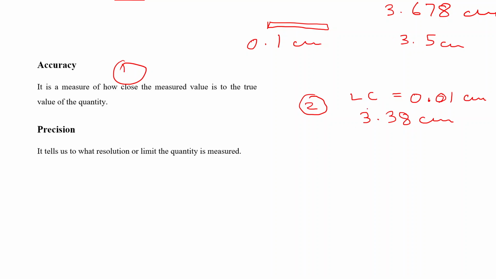I use another instrument to measure the length of the same rod, but here the least count of this instrument is 0.01 centimeter, and when I measure, it gives me 3.38 centimeter. So I see that the first value is more accurate because it's closer to the actual value, 3.678, but the second value is less accurate but more precise, because here the least count is smaller, meaning it's giving me more decimal digits.